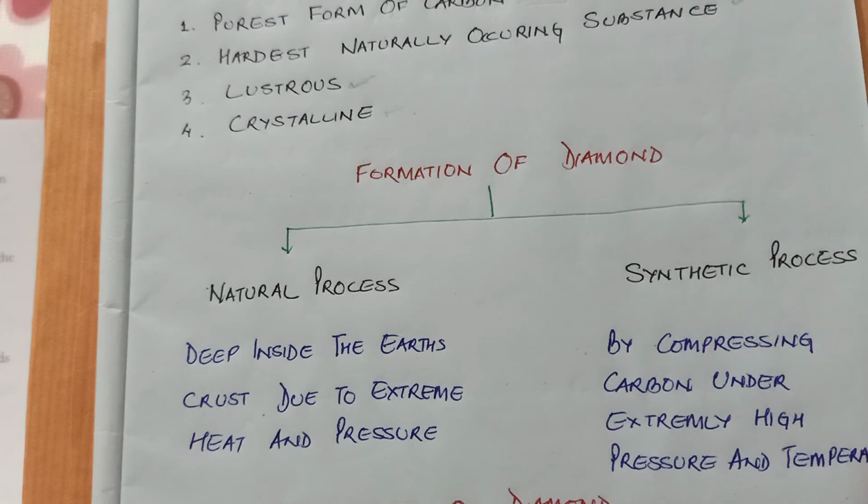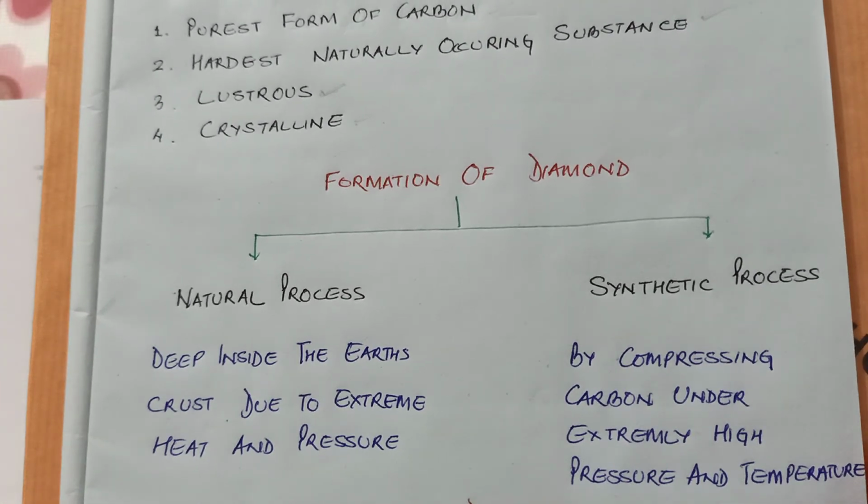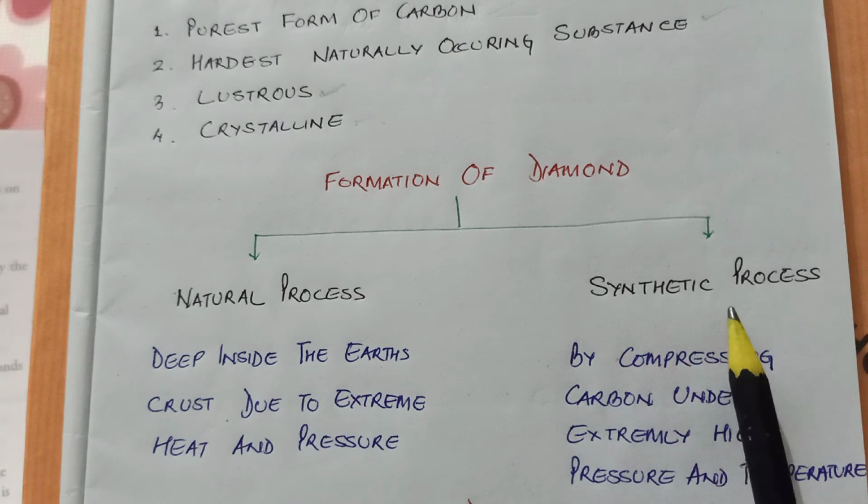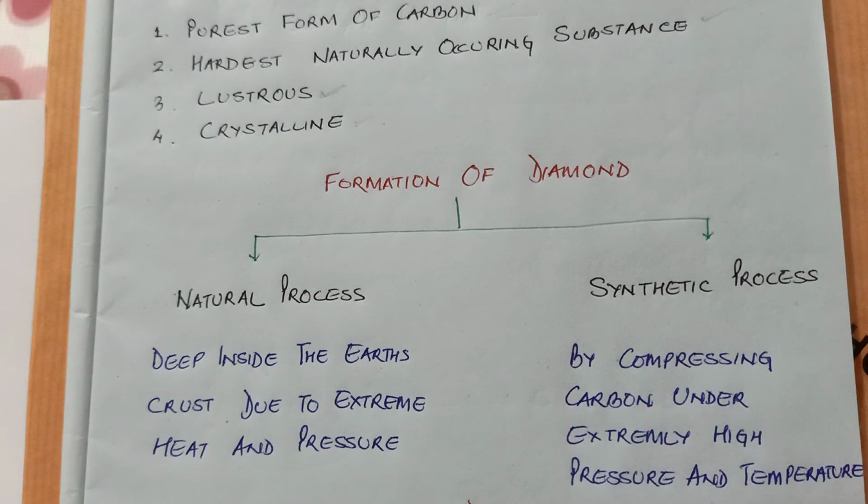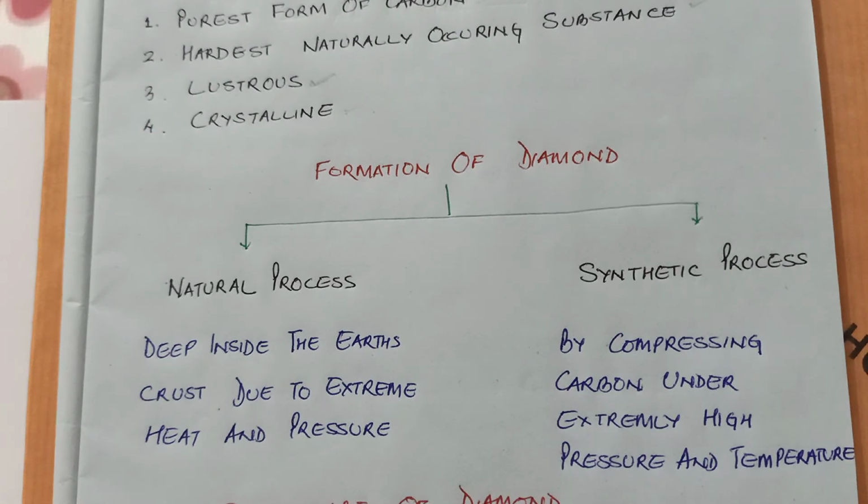In the laboratory also, diamonds can be manufactured, and that process is called the synthetic process. So how can we make diamond in the lab? We have to follow the same process which happens in nature, and that is to compress carbon under extreme high pressure and temperature.